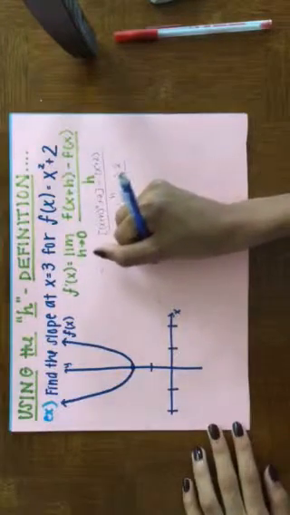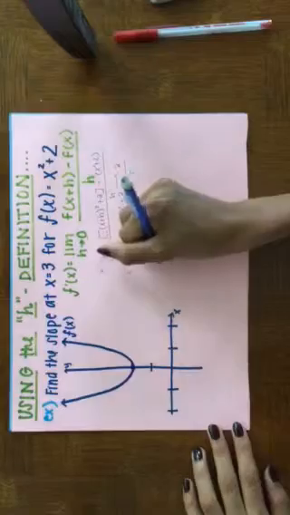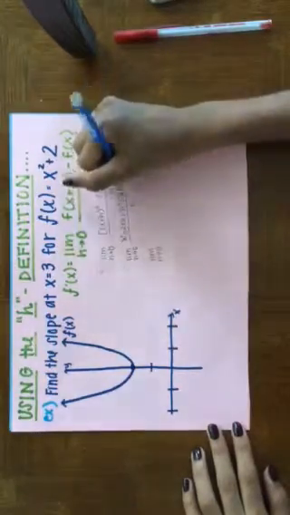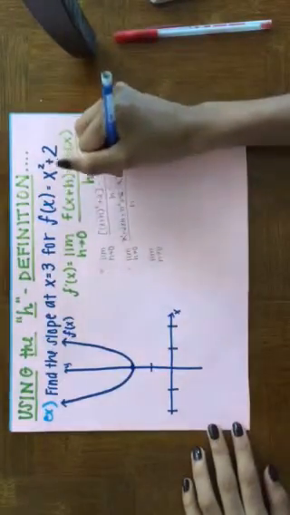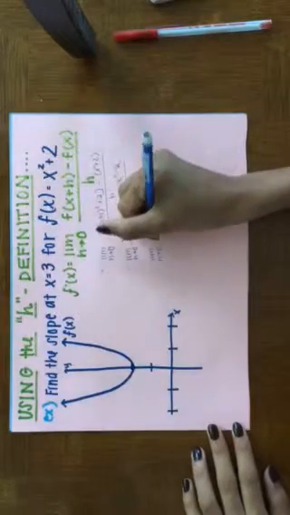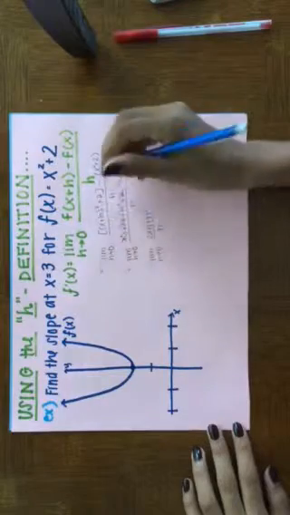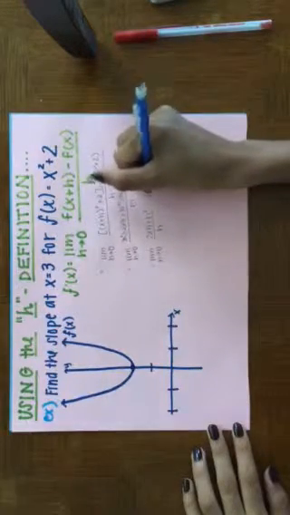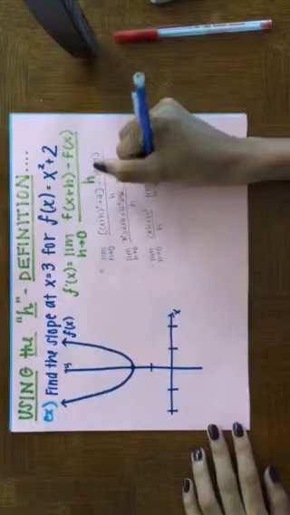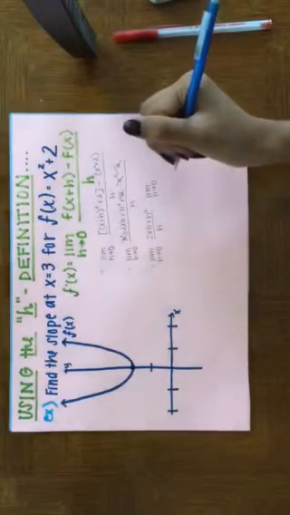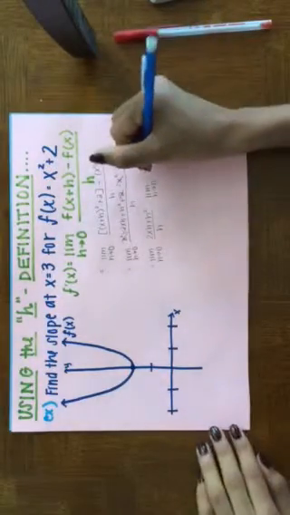Next, you want to combine like terms. So this goes away with this, goes away with this, and you're left with 2xh plus h squared all over h. The goal is to eliminate h from the denominator so you don't have a divide by 0 scenario.